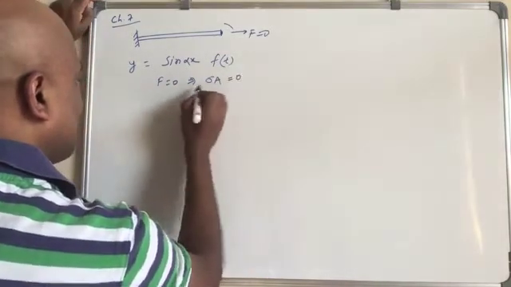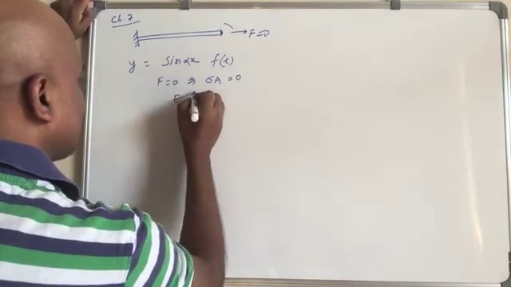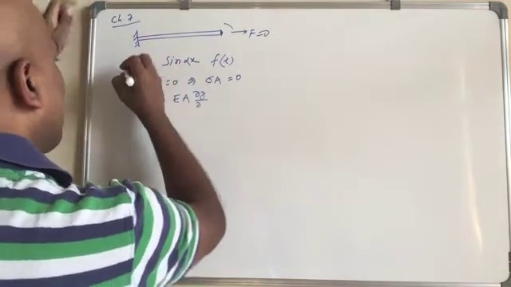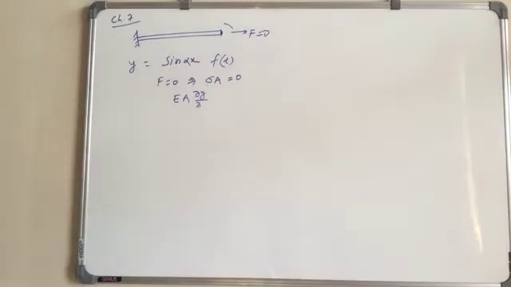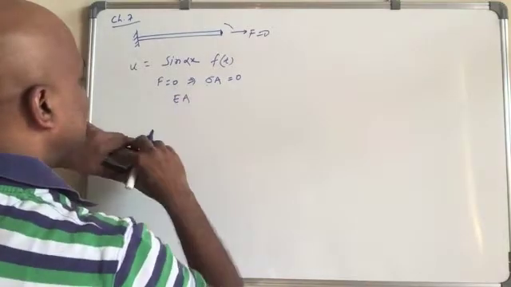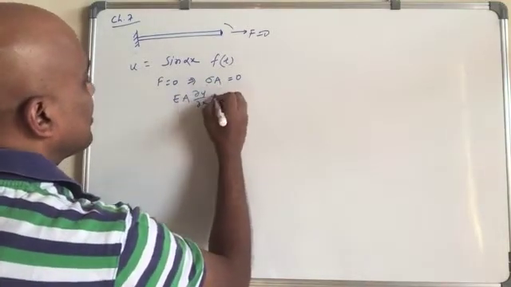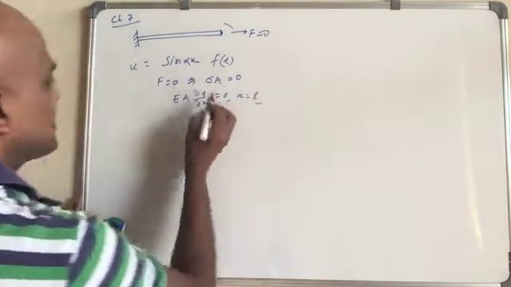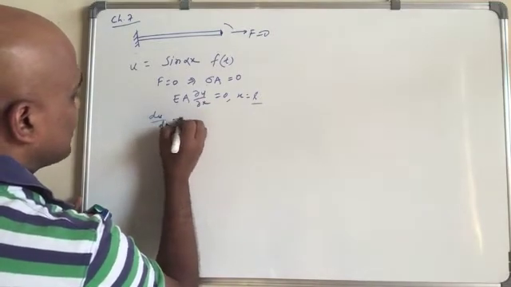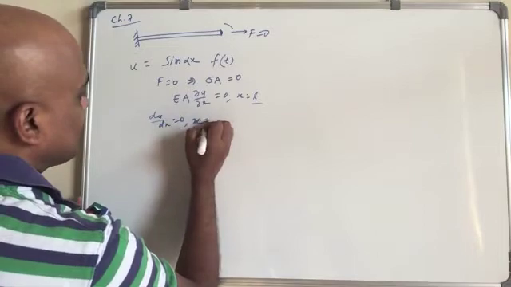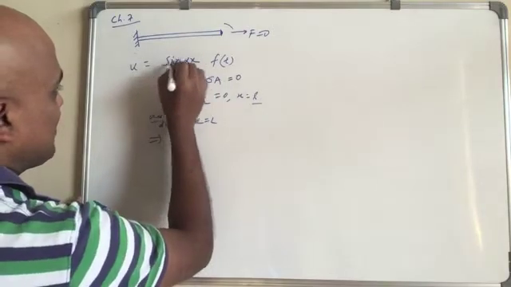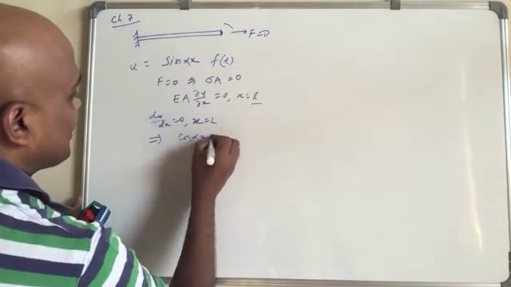Sigma is E times dy over dx, but not y, it is u, the displacement. So E times A times du over dx equal to 0 at x equal to L, and hence du over dx equal to 0 at x equal to L. That really means du over dx becomes the cos, so cos alpha L equal to 0, right?